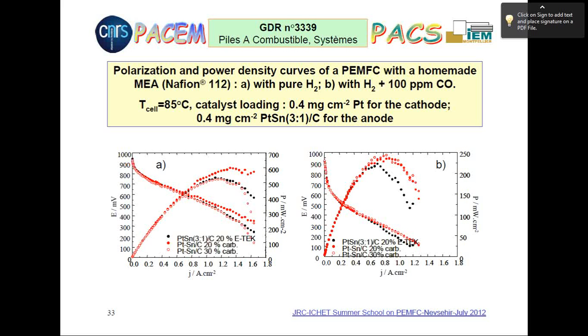You have the conditions, the loading here, and you see that with platinum tin prepared in our laboratory, we get better results in the presence of CO here. You have 100 ppm of CO, and with this platinum tin at 20% or 30% metal loading, we have a relatively good result. Relatively. But you decrease the performance, of course.